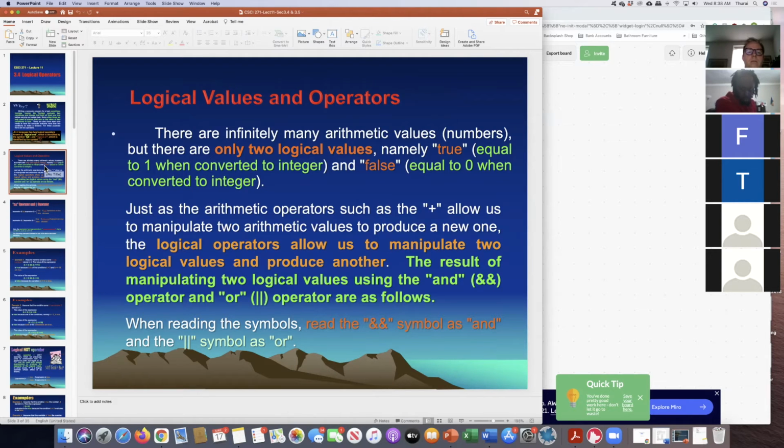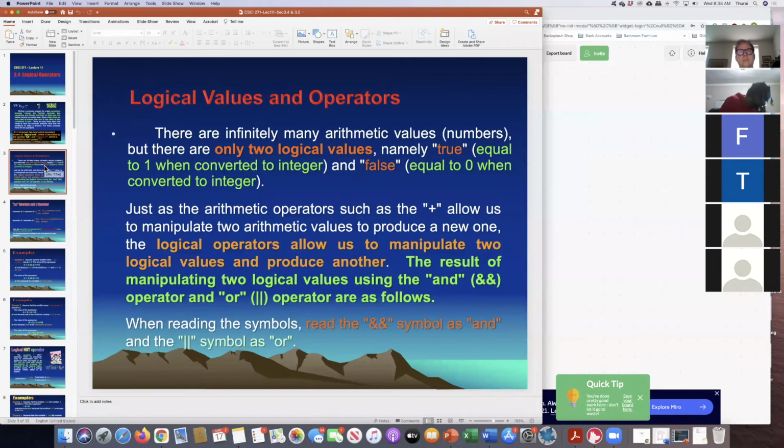You know that there are logical values we discussed, or Boolean values. Boolean values are, I'm sorry, true and false. True and false are the Boolean values. So the operators we are discussing now, the logical and and logical or operators, apply to those Boolean values. Just like arithmetic operators apply to numbers, these operators apply to Boolean values only.